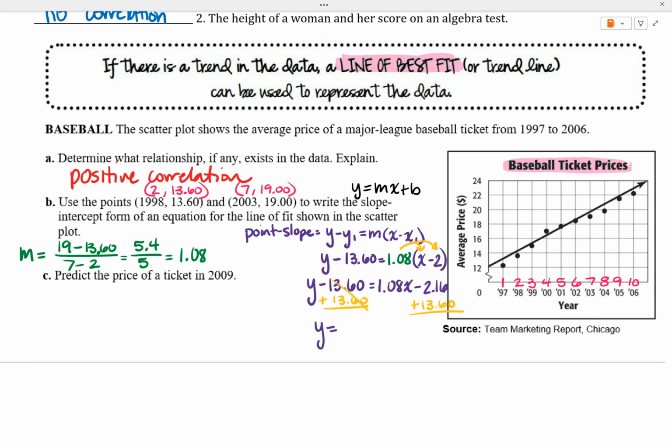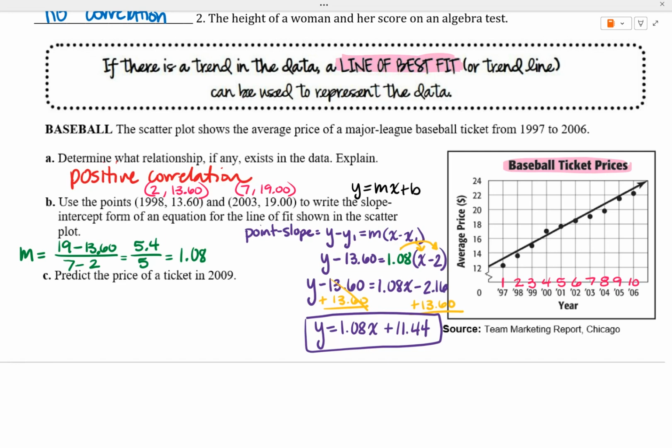And y equals 1.08x, and 13.6 minus the 2.16 gives us positive 11.44. So our equation in slope-intercept form, representing our best line of fit, is y equals 1.08x plus 11.44, meaning our initial ticket price, year 0, would be $11.44.